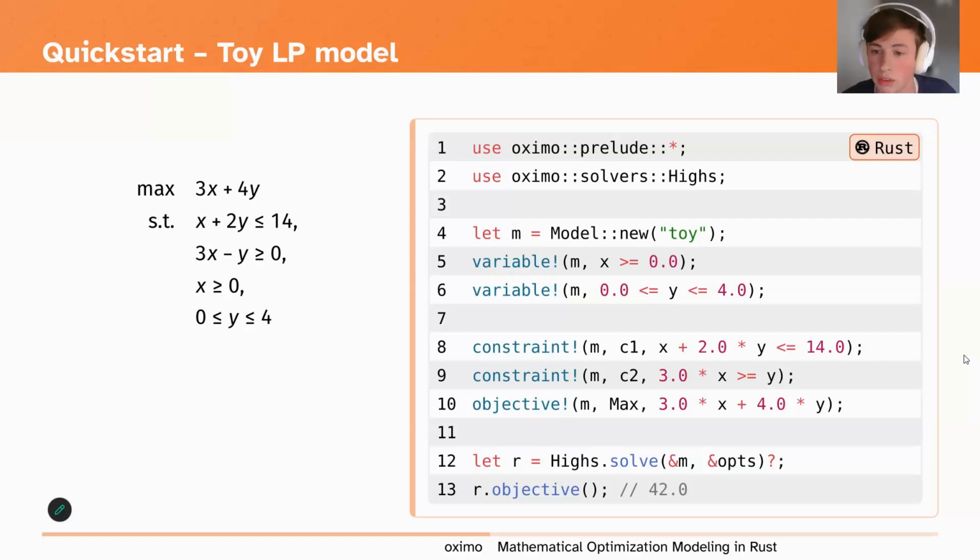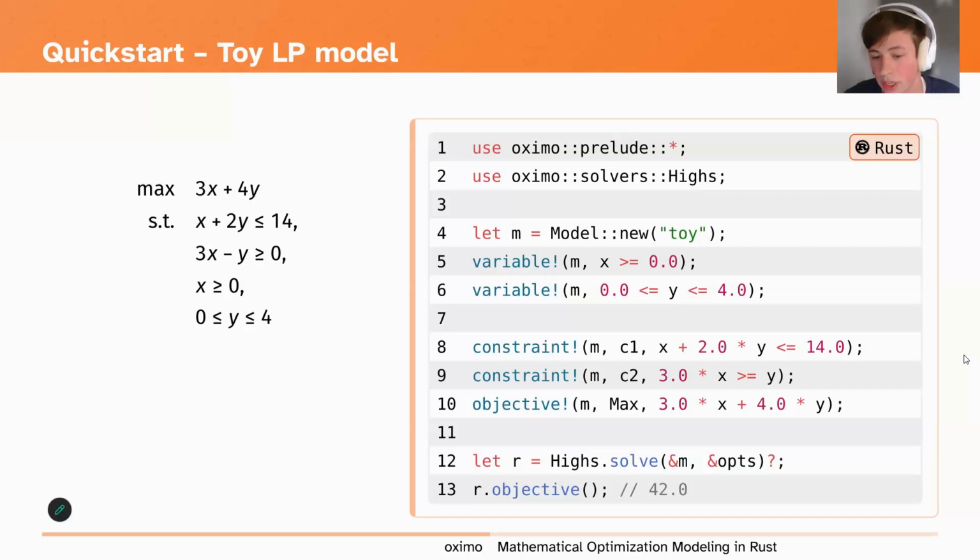In this case, we are using HiGHS, which is one of the fastest open source solvers for this type of problems. So we create a new model, and then we define all the variables. All of this is syntactic sugar using macros, and we also allow you to define them using keywords. After that, we define all the constraints, and we can give them a name, which is useful to then get what are known as duals.